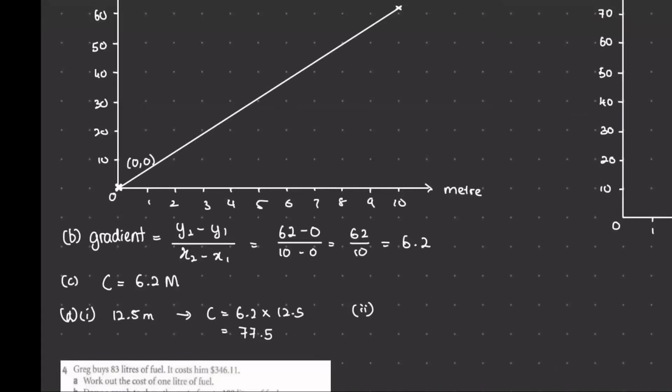So now your total cost is 200. So I'm just going to write it down here. 200 is equal to 6.2m. So I need to find how many meters is equal to 200 divided by 6.2, which is equal to 32.26 meters.